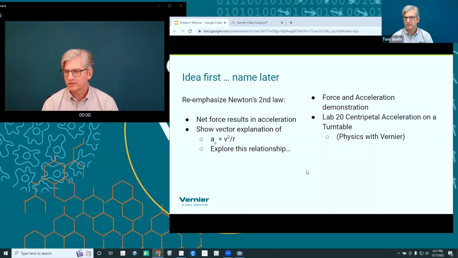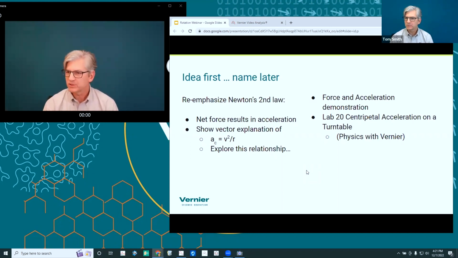And it's a good time to reinforce Newton's laws in general, that there has to be some force acting on an object in order to cause it to accelerate. And acceleration includes a change in direction as well as a change in velocity or speed.